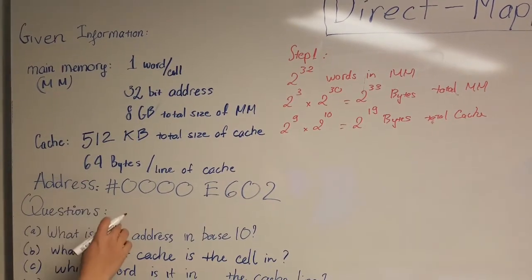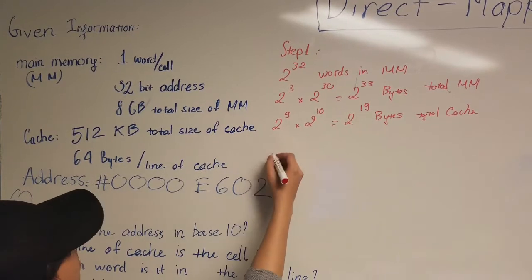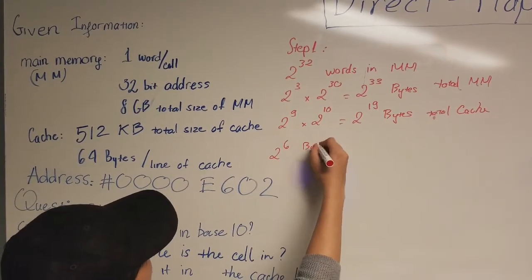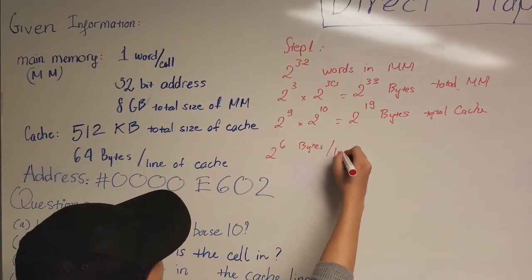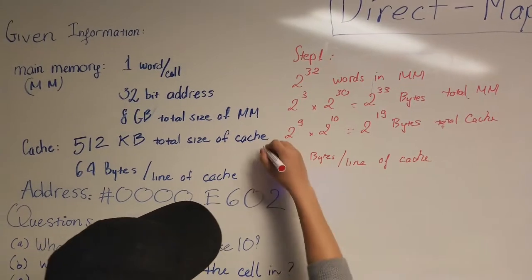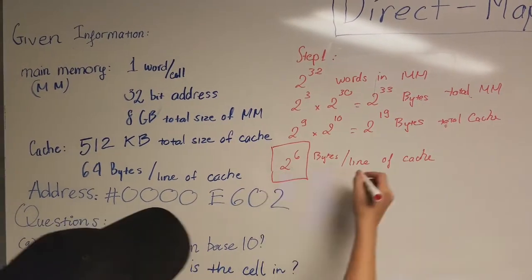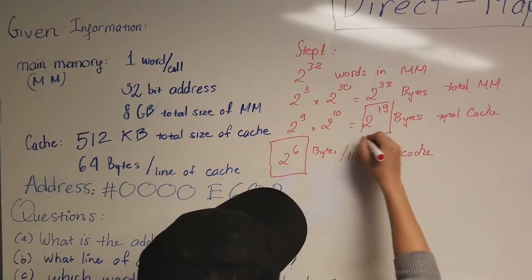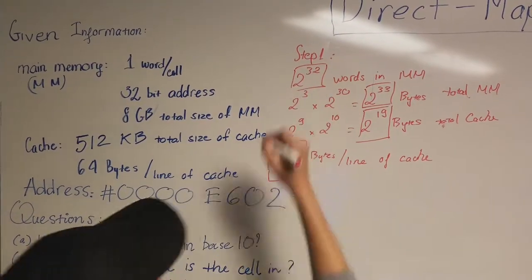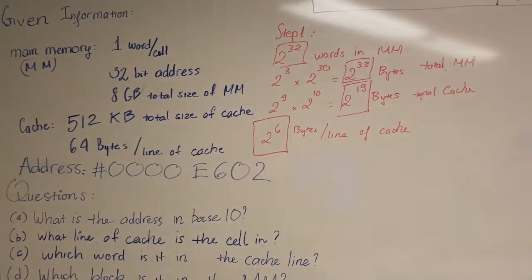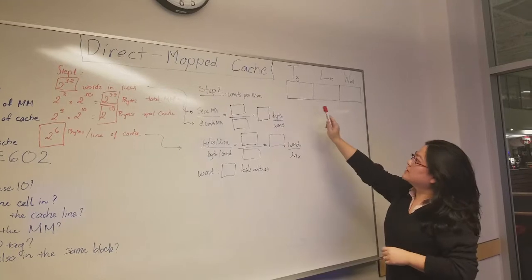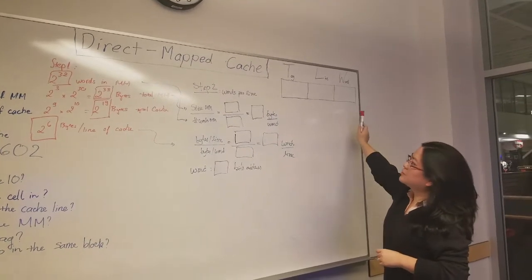And we have 64 bytes per line of cache, which means 2 to the power of 6 bytes per line of cache. So this is our important recipe to answer the other questions. Now we want to know the size in bits in the address of the tag, line, and word.